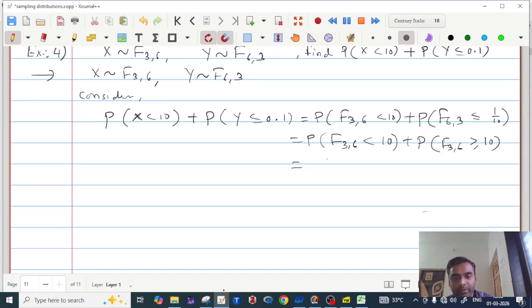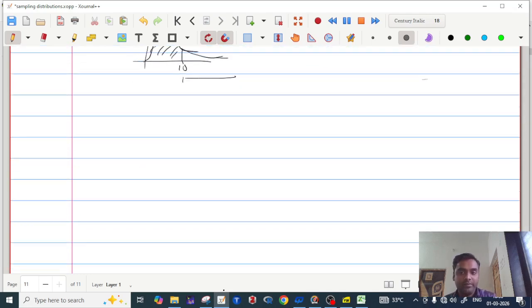By the property of probability, sum of probabilities. Suppose this is 10. So F36 less than 10 plus F36 greater than 10, this probability will add up. Answer is 1. Next example.